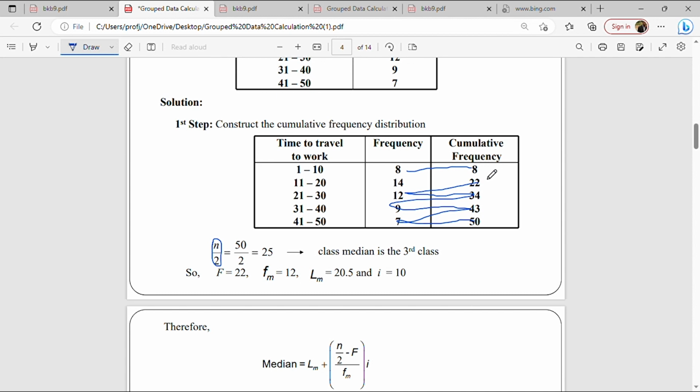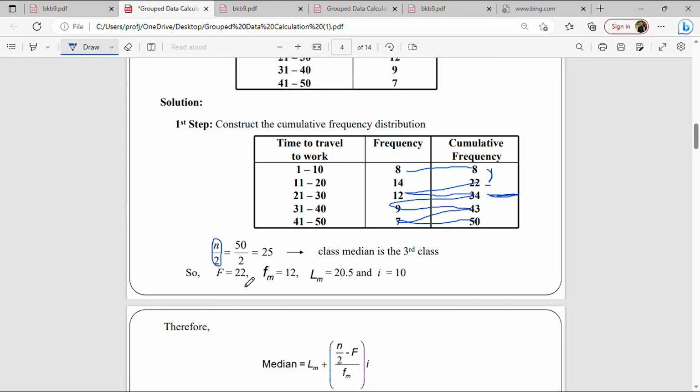We come to the cumulative frequency. Here is 22. We cannot find 25 in 8. We check 22. We cannot find 25 there. We can only find 25 in 34, right? So this is where our median class is, or class median as it is written here.